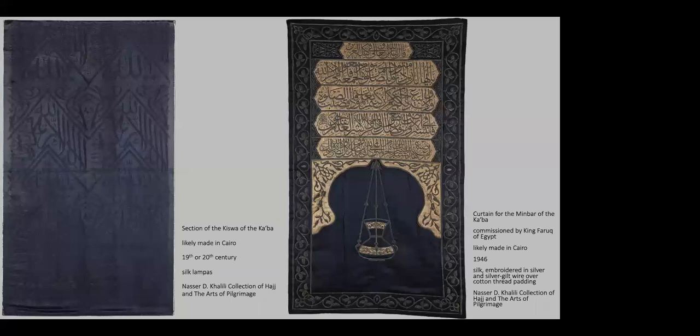So a lot of the objects that I'm going to be showing you here actually hail from that exhibition. One such object that used to be ritually created from year to year in Egypt since the Fatimid era around the year 1000 is the kiswa. That is the sacred cloth that covers the entire structure of the Kaaba. Fragments of this you can see here on the left.